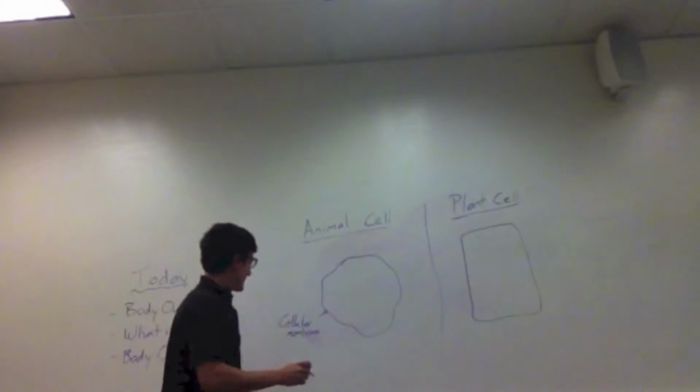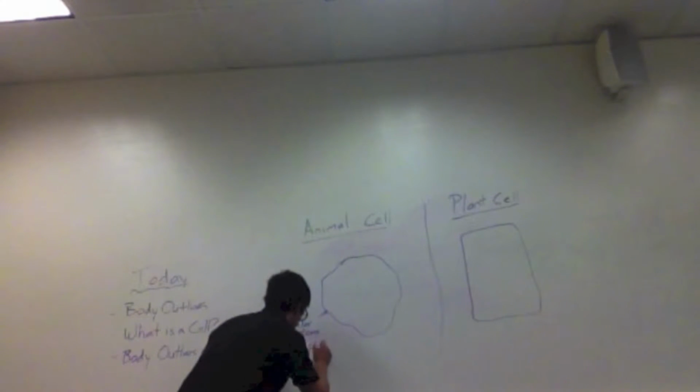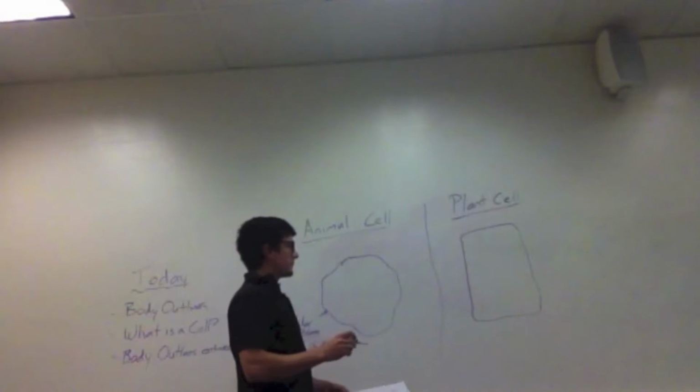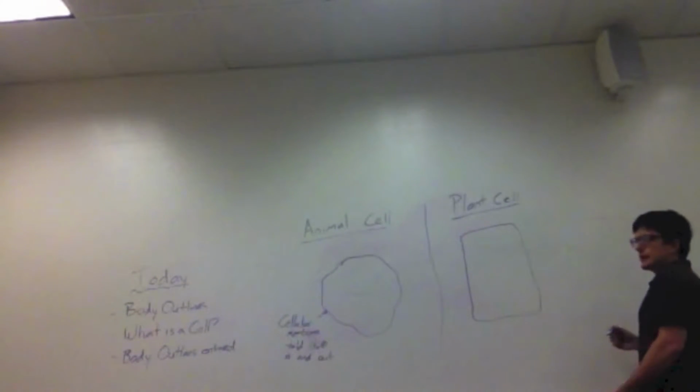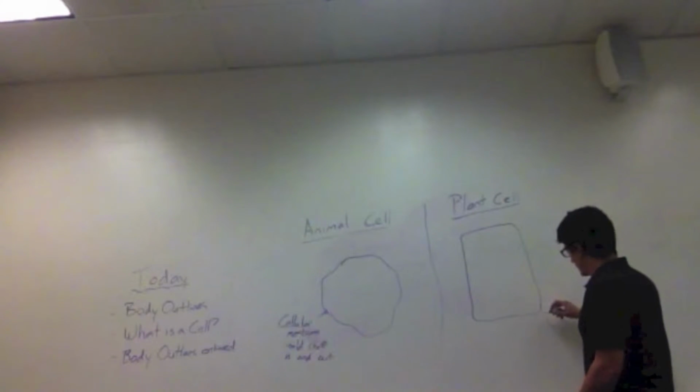Okay, yep. Now, if you come over to the plant cell, the membrane isn't really called a cellular membrane, it's actually a cell wall.